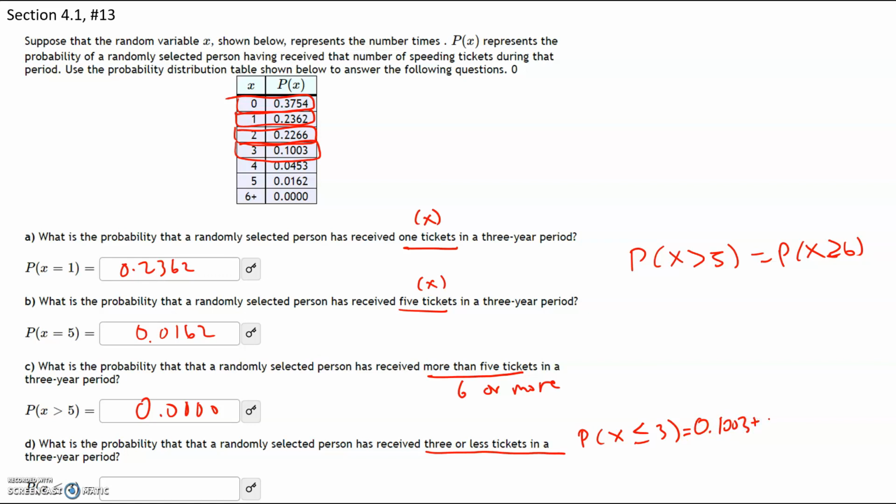Once you add all those up, that'll be the answer for that last part, part D.